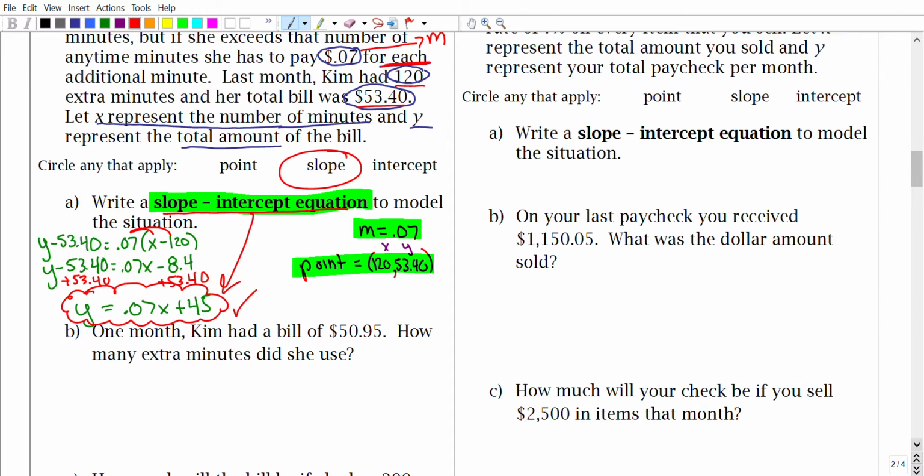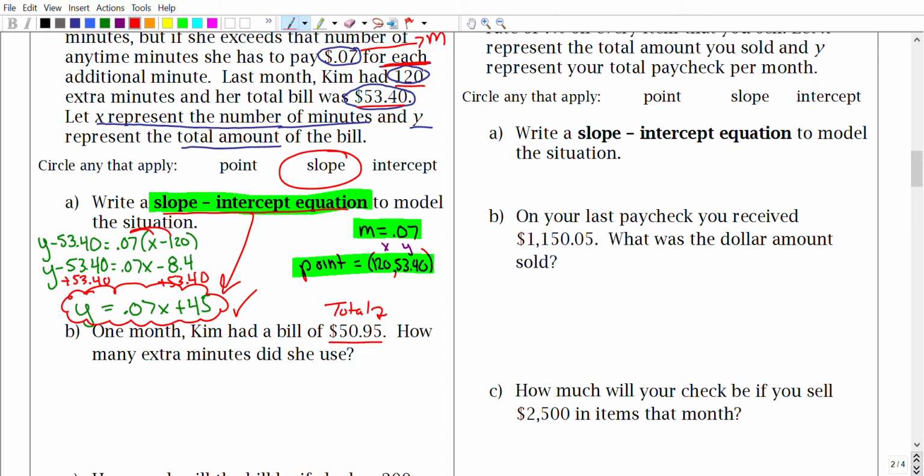Okay. Part B just asked, 1 month Kim had a bill of $50.95. How many extra minutes did she use? Okay. So this right here was her total for that particular month, right? A total.